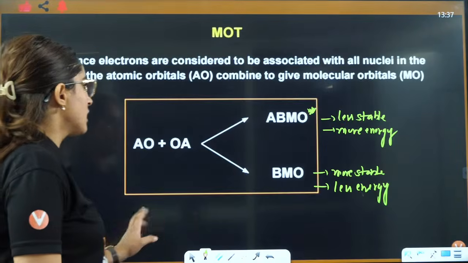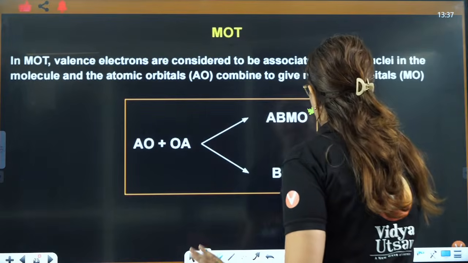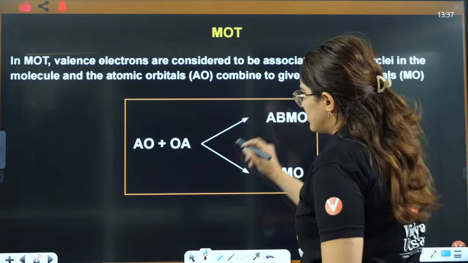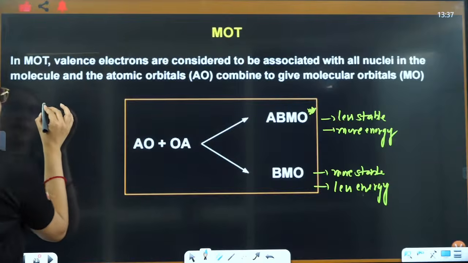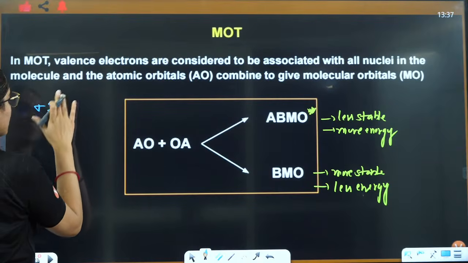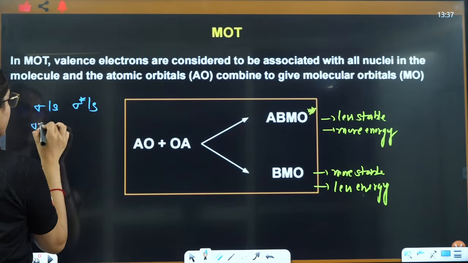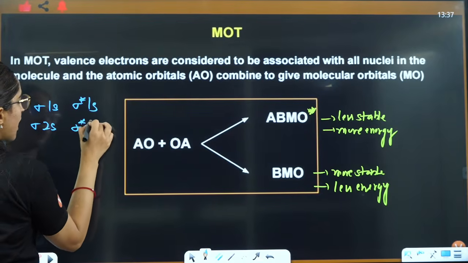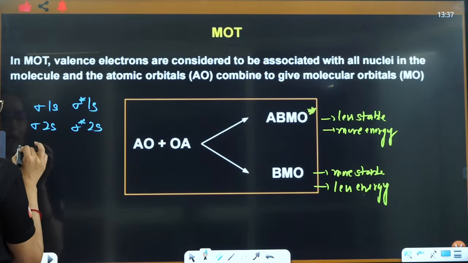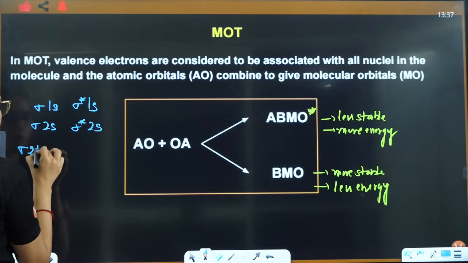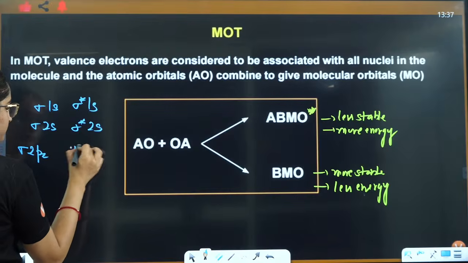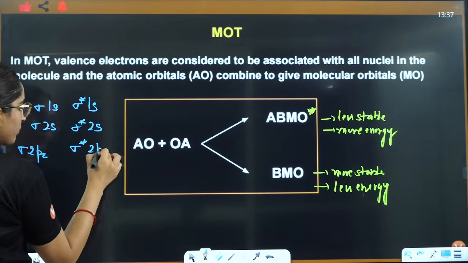What are the orbitals that you will have in this? I'll just write here. You will have sigma 1s, sigma star 1s, sigma 2s, sigma star 2s. Then you will have sigma 2pz, sigma star 2pz.